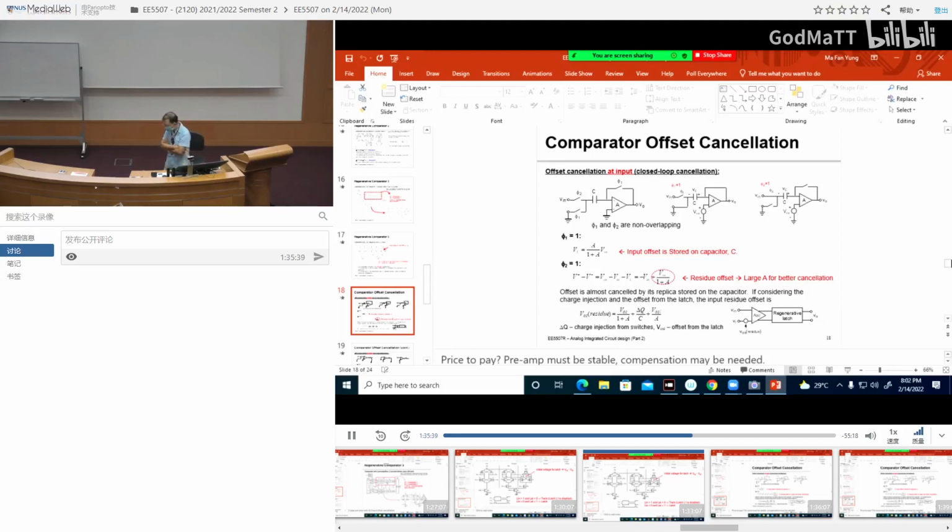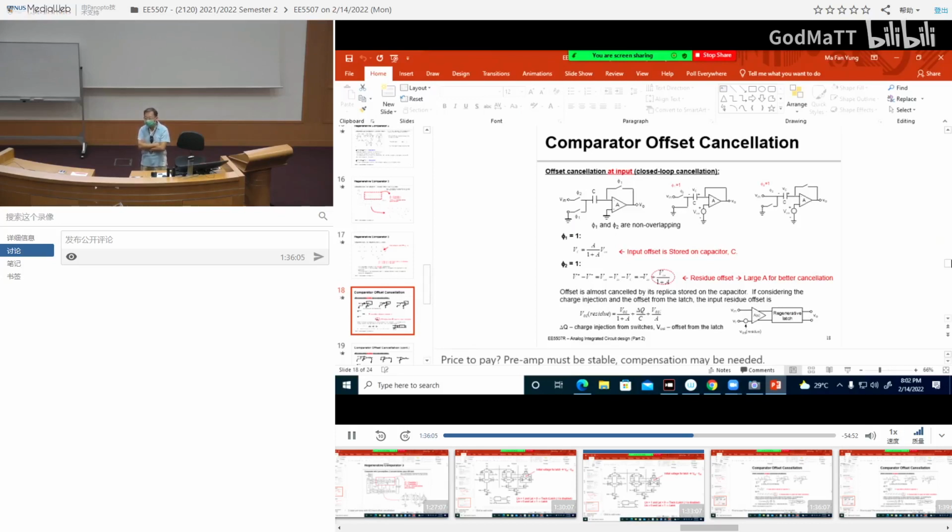Okay, so now we talk about one of the problems of the comparator, which is the offset voltage. Okay, because the offset will limit the ability of your comparator to compare the smallest voltage difference. So why is it important to compare smaller voltage differences?